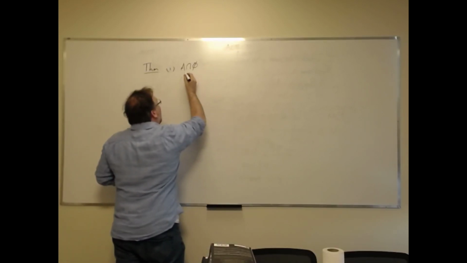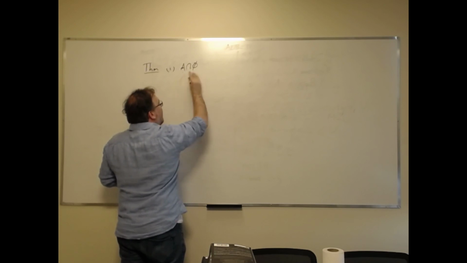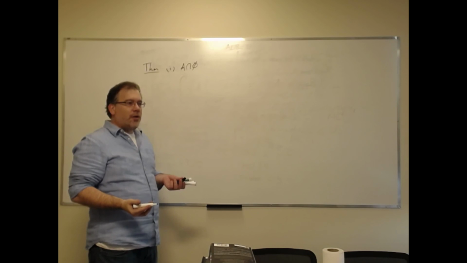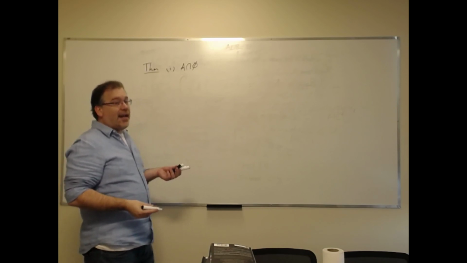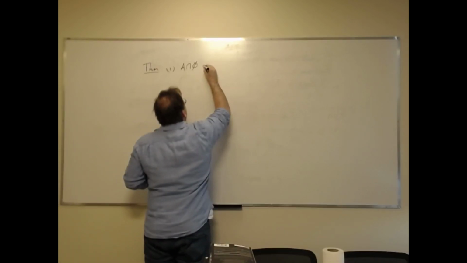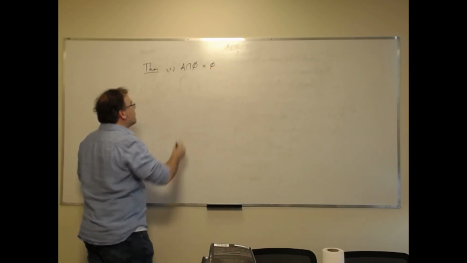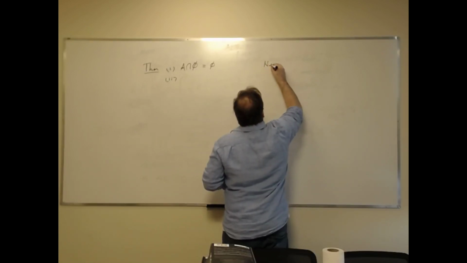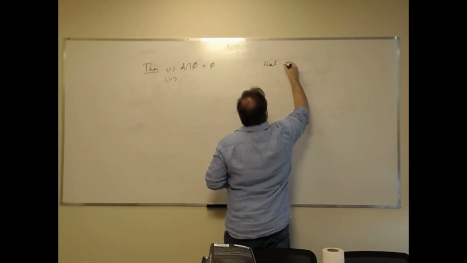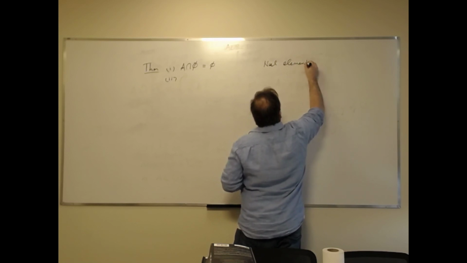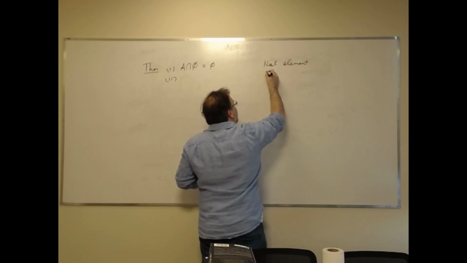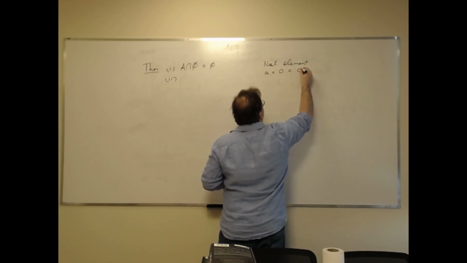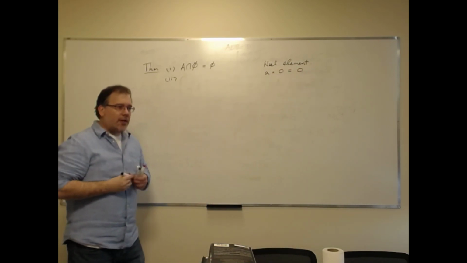Well, it's all the things that are both in A and in the empty set, but there's nothing in the empty set. So there's nothing that is both in A and the empty set. Empty set. Again, that's the null element property. Just like in algebra, we have A times 0 equals 0. You see the connection there, right?